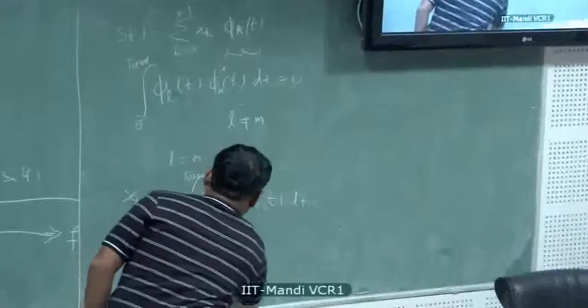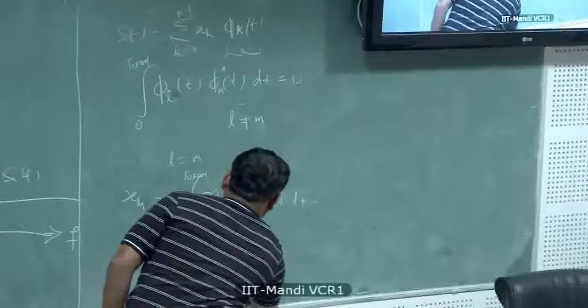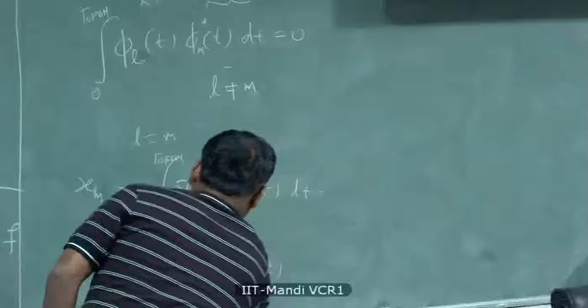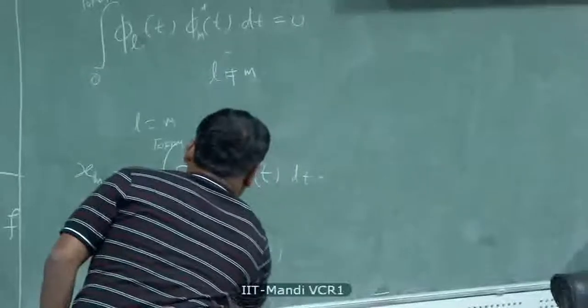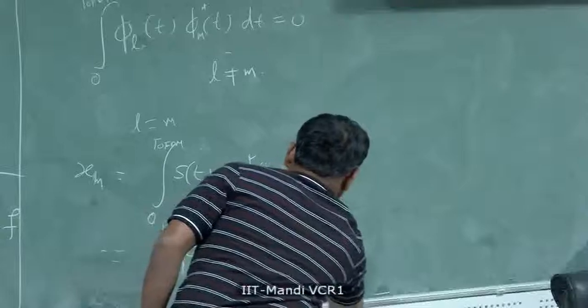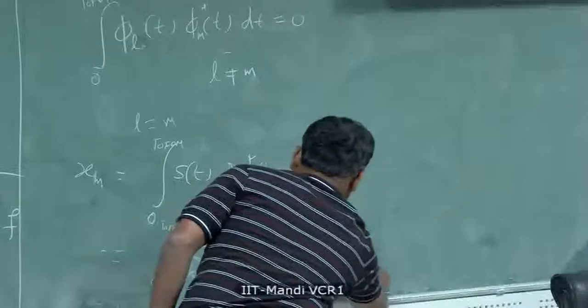S of t is summation xk Pk of t, k equal to 0 to n minus 1, this whole thing multiplied by phi m conjugate of t dt.